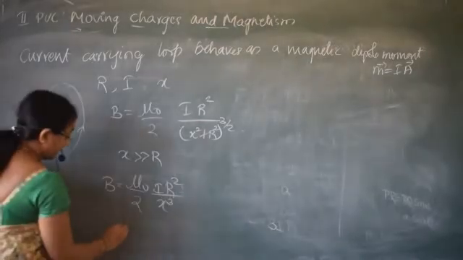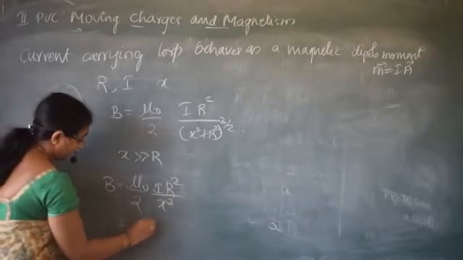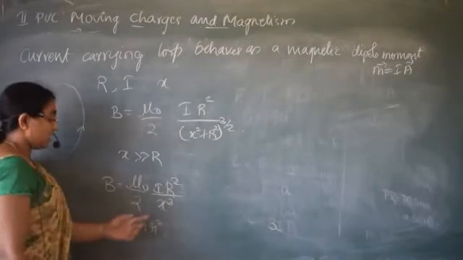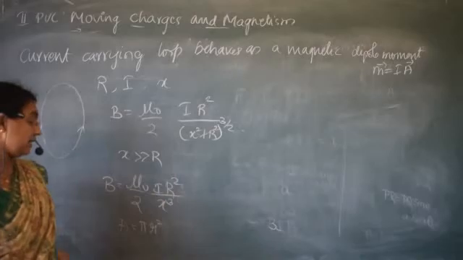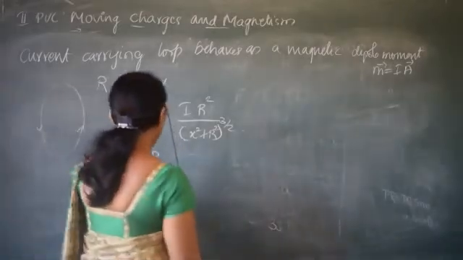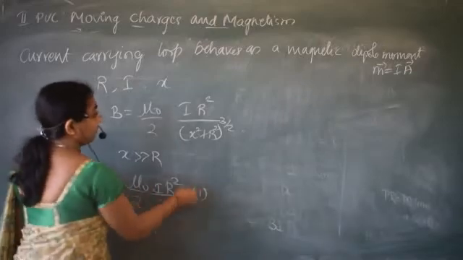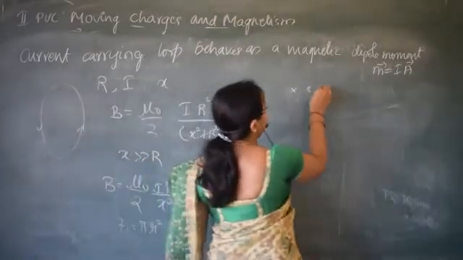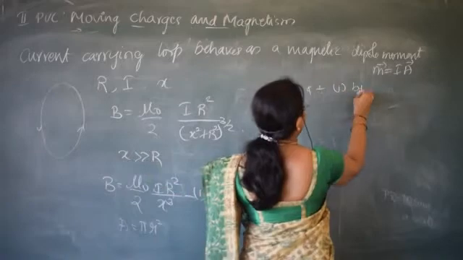We know that area is equal to pi r square, correct? R square is there, the radius is here, but we don't have pi. So multiply and divide this equation by pi.